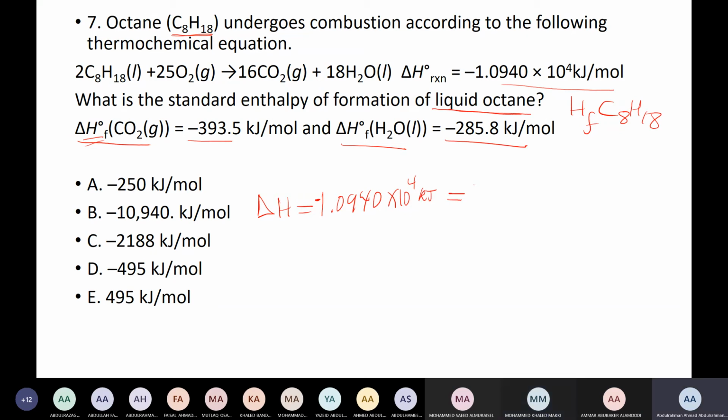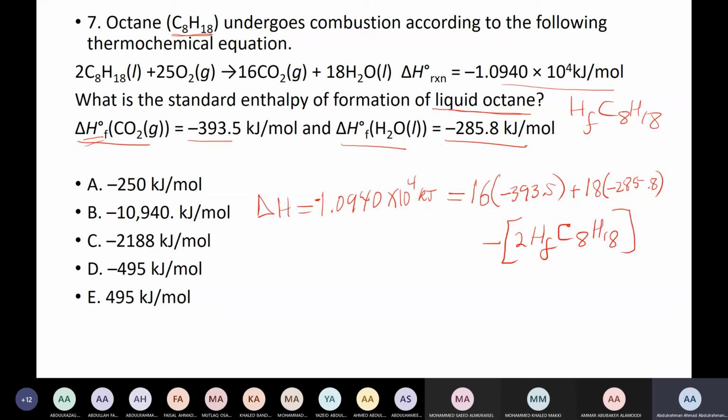How should we write it? 16 times minus 393.5, plus 18 times minus 285.8, minus 2 times the heat of formation of C8H18, which I don't know.